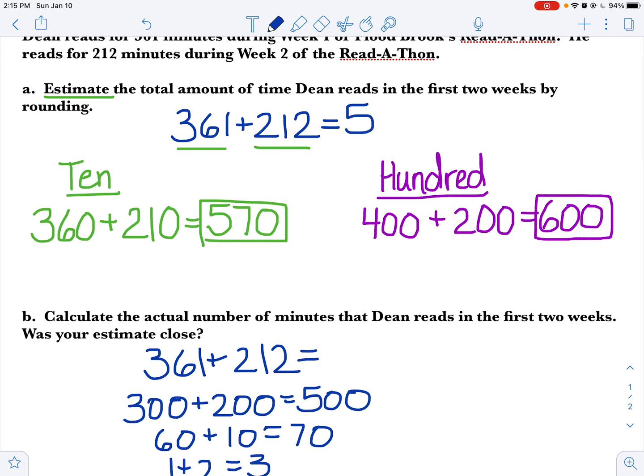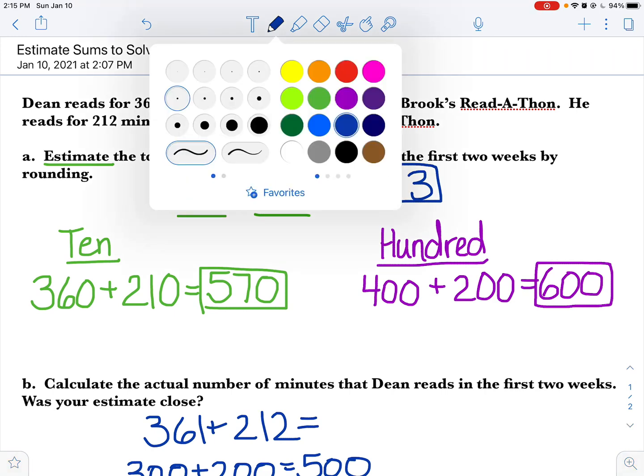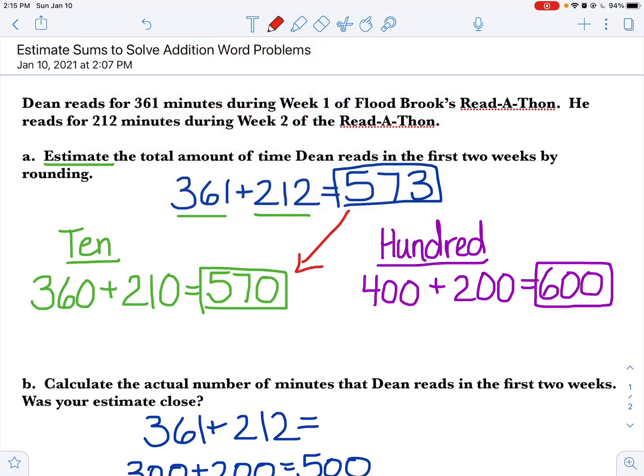So I'm going to put it right here so we can see that. So we know Dean read exactly 573 minutes. Take a look at the two estimates. Our estimate when we rounded to the nearest 10 for each addend was 570. Wow, that was really close. Only 3 off from the actual answer, right?